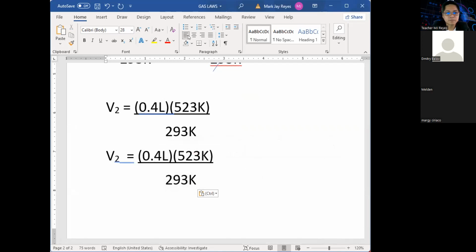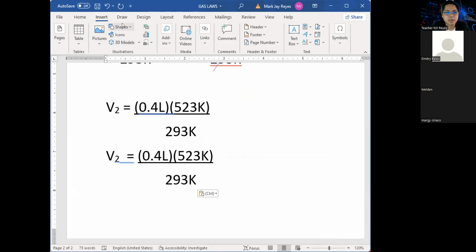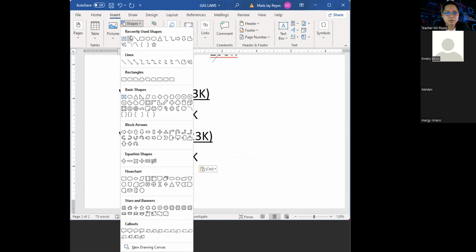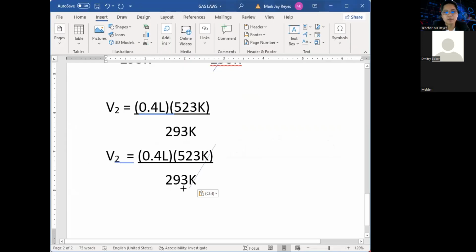We can actually cancel degrees Kelvin in the process because these are like terms.